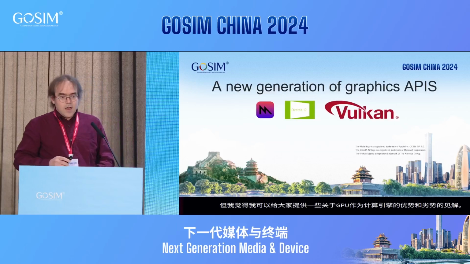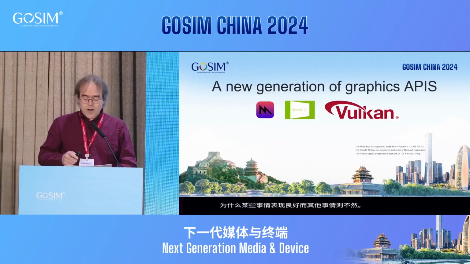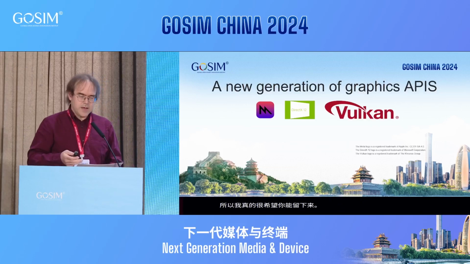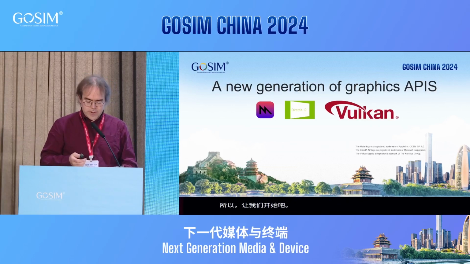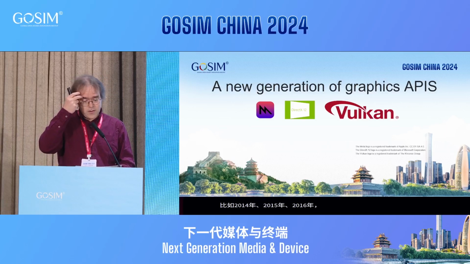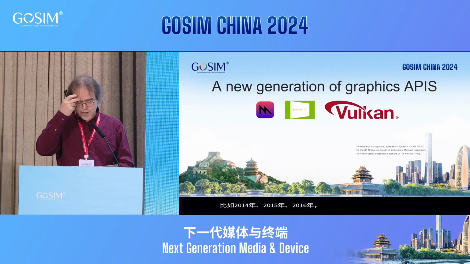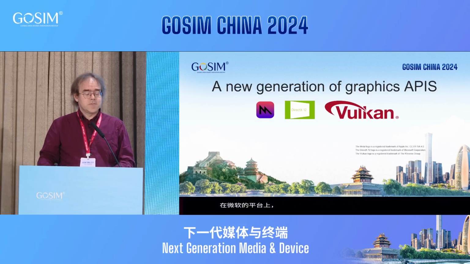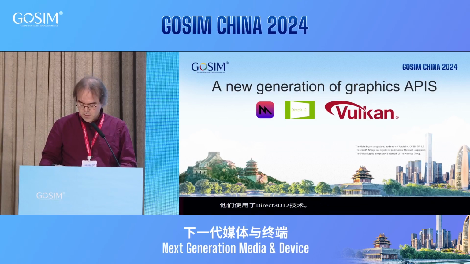In the mid-2010s, like literally 2014, 15, 16, each of the major platforms released a new major graphics API. On Mac OS, it's Metal. On Microsoft, they had Direct3D 12. And then in the free software world, we had Vulkan, which was the Khronos project. And each of these represents a different approach to let programmers use the substantial powers of a modern GPU.